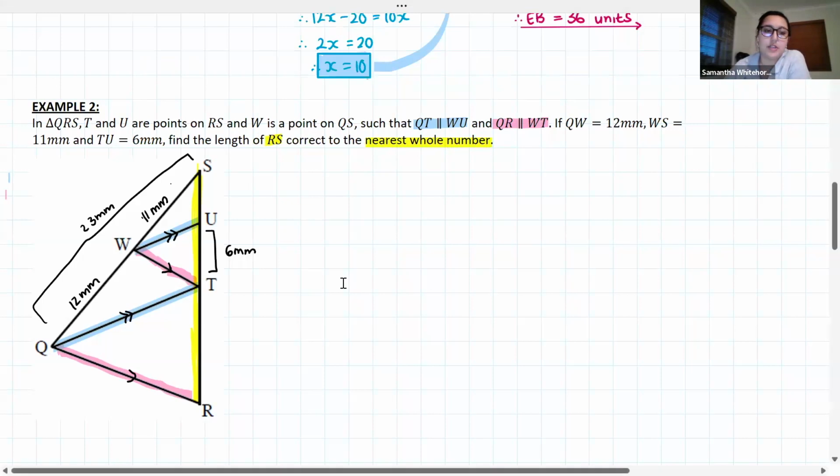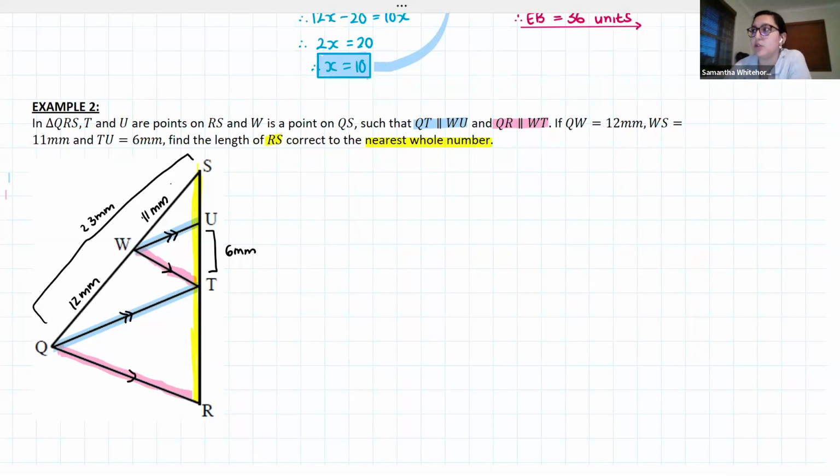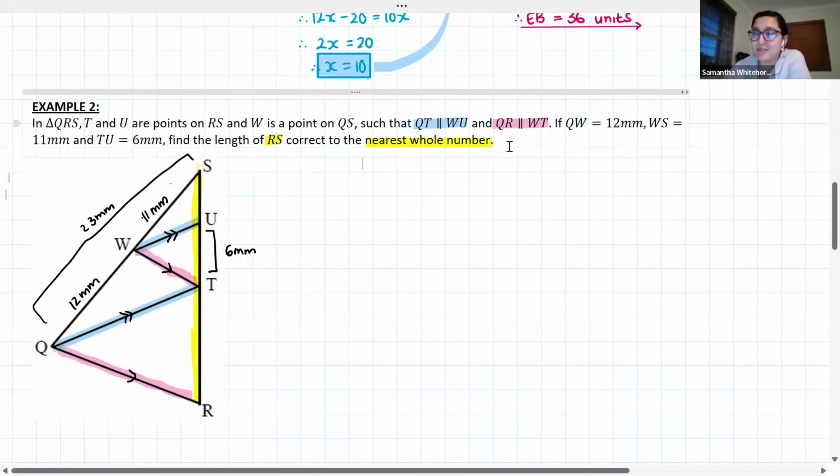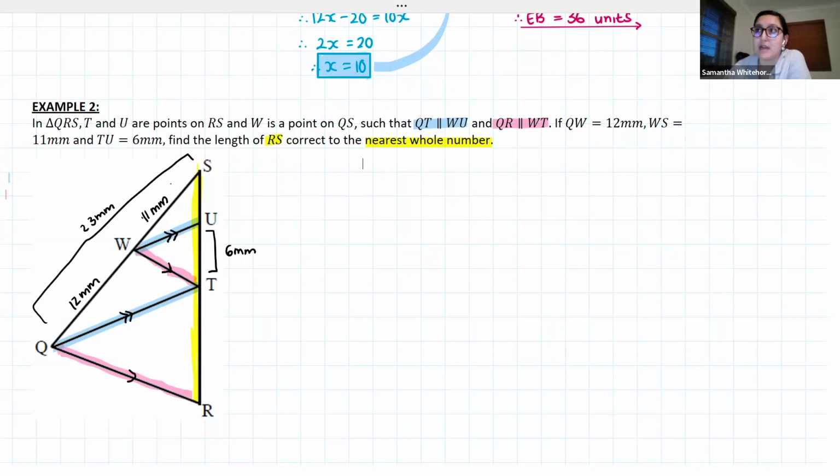Okay, guys, and just remember the question says to the nearest whole number. So when you have your answer, make sure you round it off correctly. Because the question specified that, there will be a mark allocated for it.